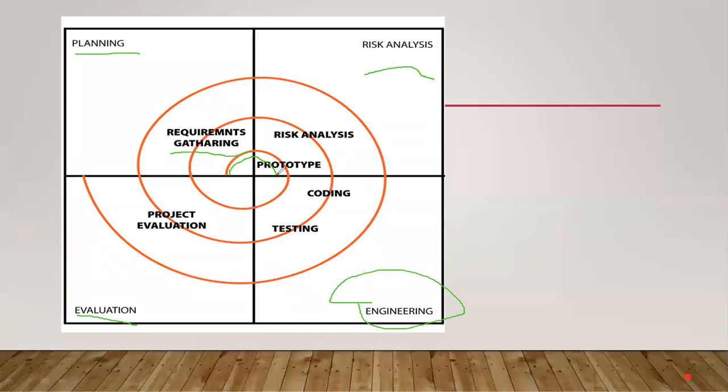Coming to phase 2, will any problems occur in that particular module or not? You are identifying the risks in the second phase. Coming to the third phase, you put your project into implementation, which means you develop the code and then test it.